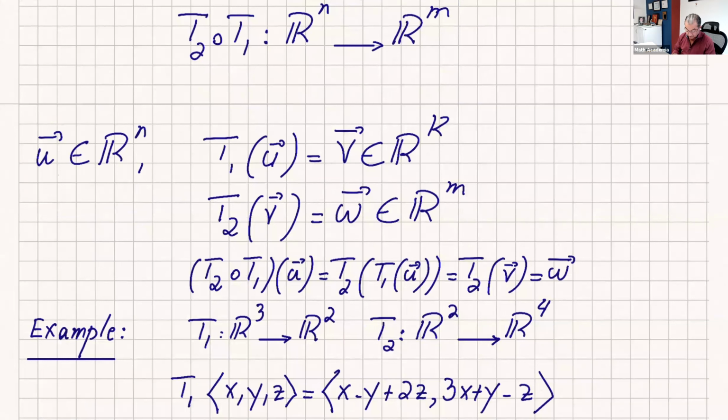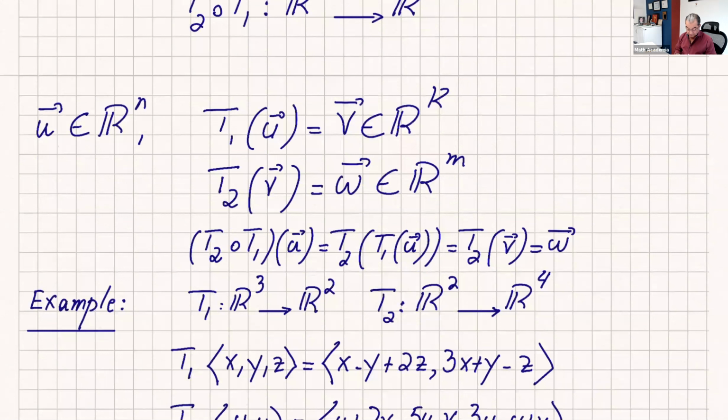T1 of u is going to give you v, and that's going to be in Rk. And T2 of that vector v is going to give you w, which is going to be in Rm. So T2 ∘ T1 of u is just T2 of T1 of u, which is T2 of v from here, and that's going to give you w.